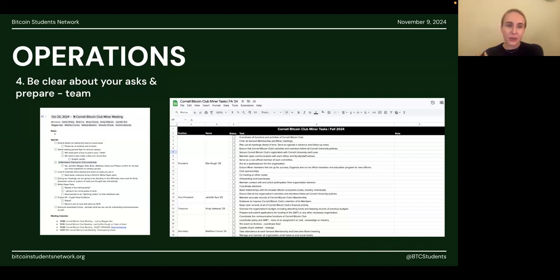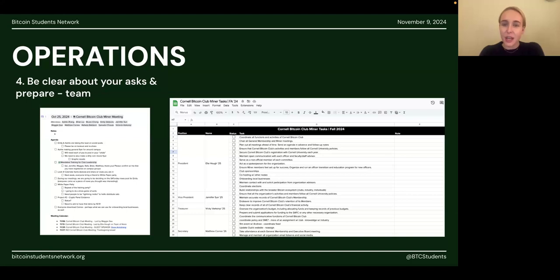Next, moving into looking at the team you are working with. I think it's very helpful if you can be clear about your asks and ensure you are preparing your team to the best of your ability. Everyone has a lot going on at all times.